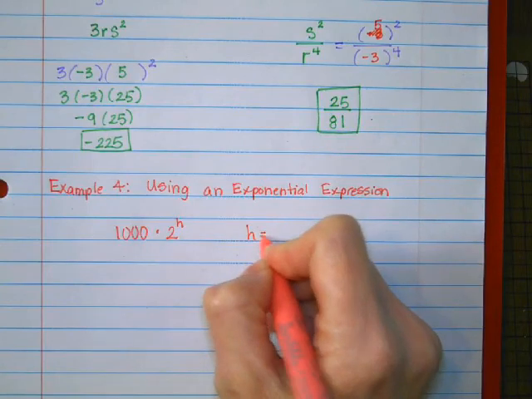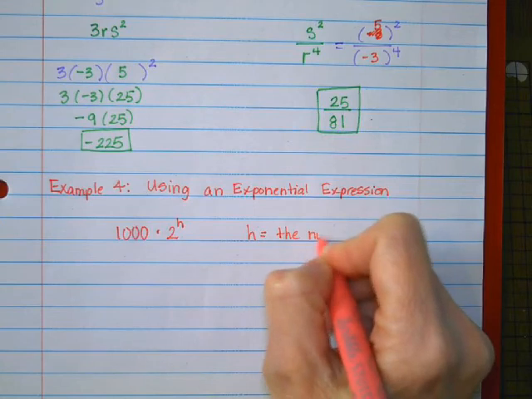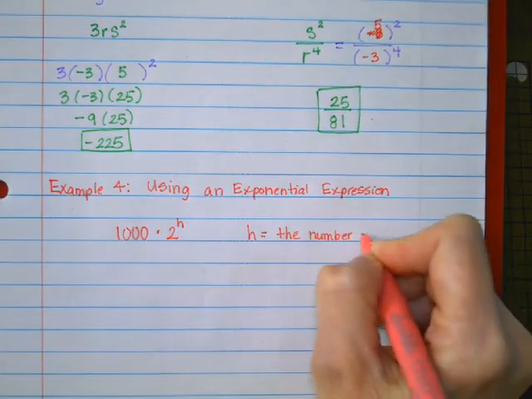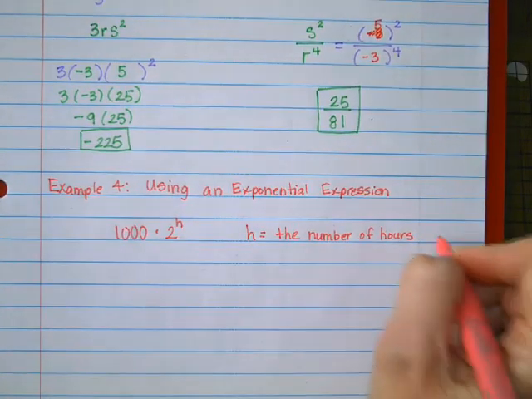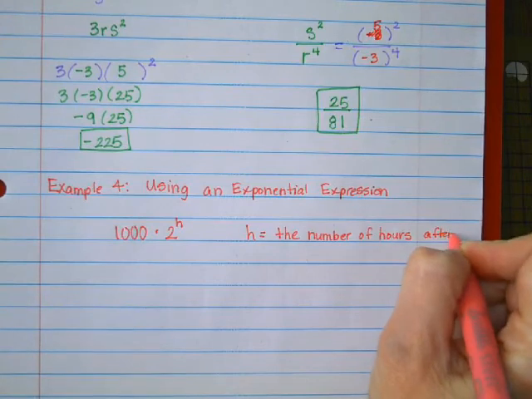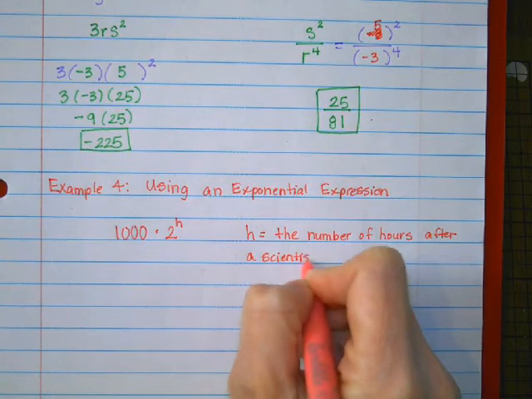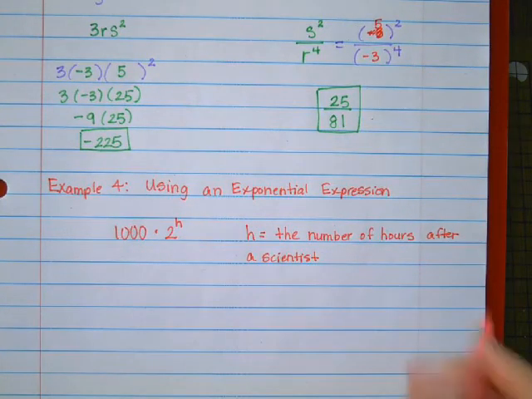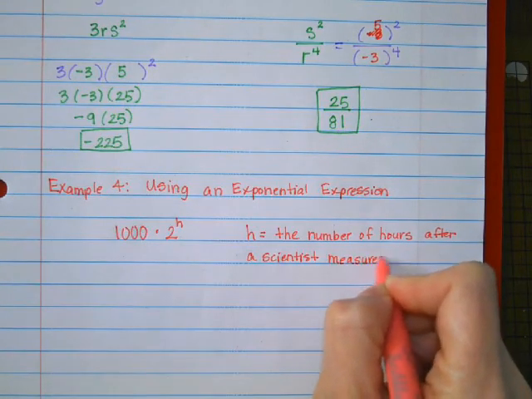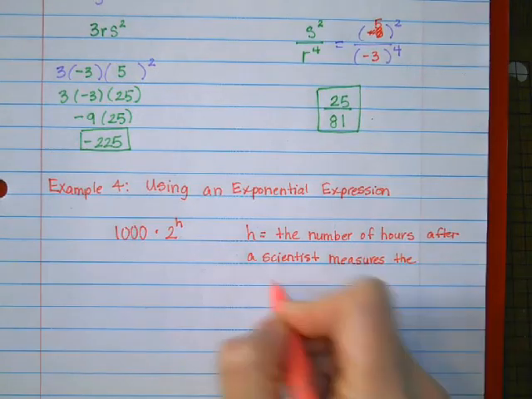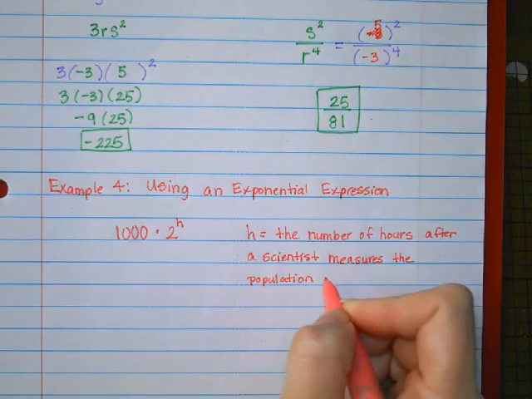h equals the number of hours after a scientist measures the population size.